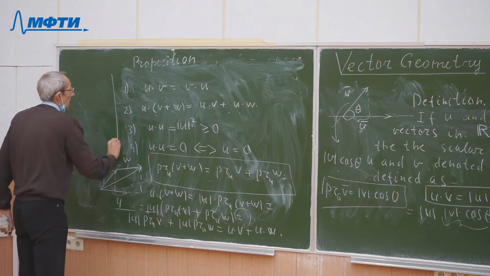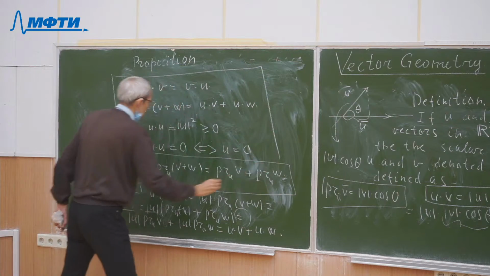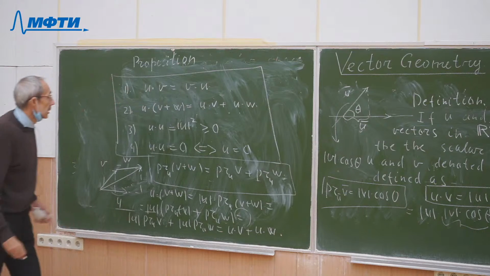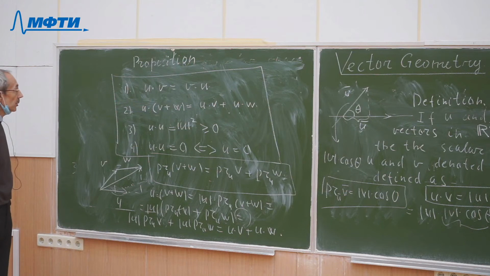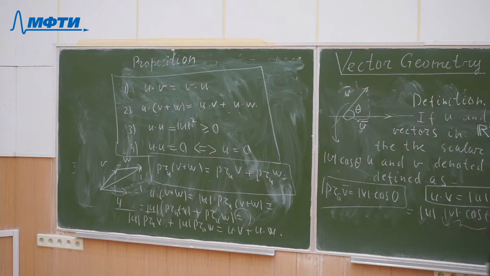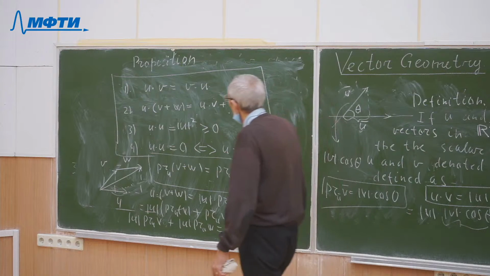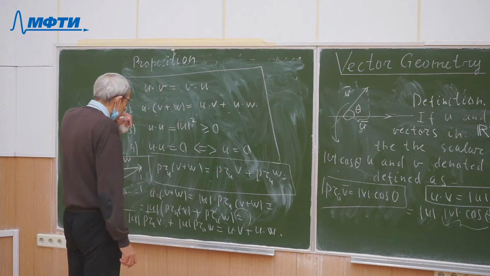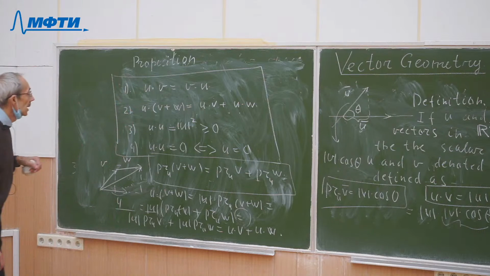And we can use these properties to define the abstract dot product in abstract vector space.